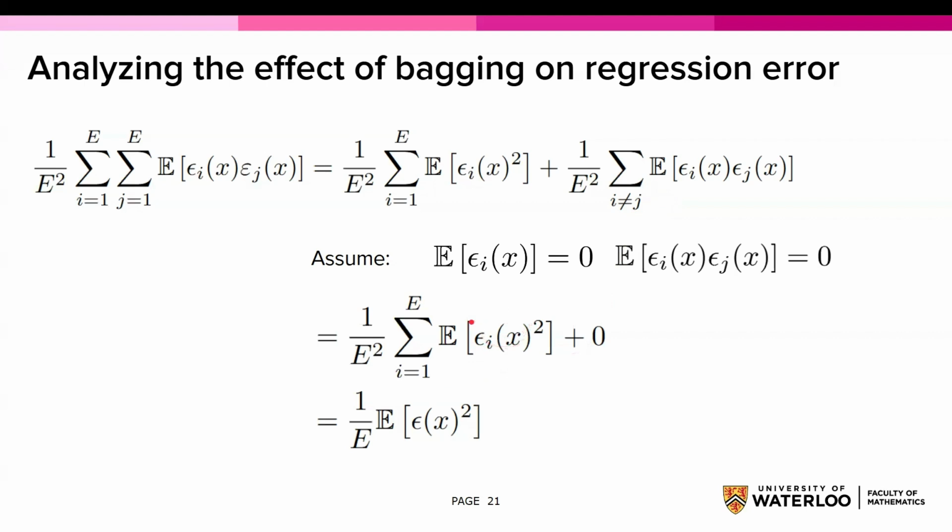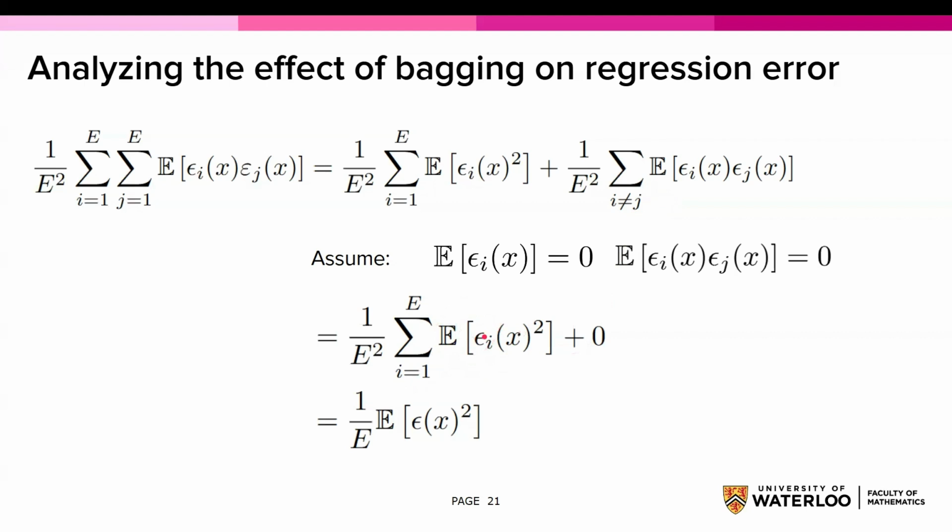And because we don't expect any one model to have more error than another, the expression inside this sum is just going to be big E times the error of any one model.